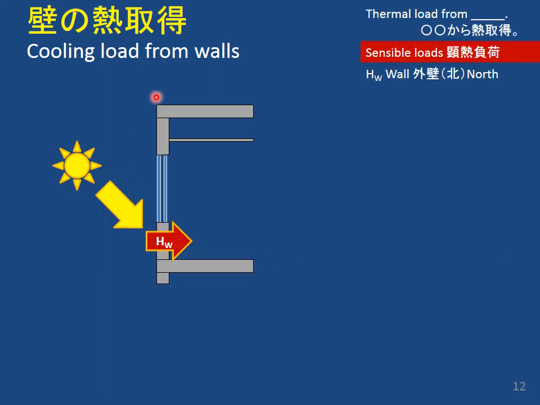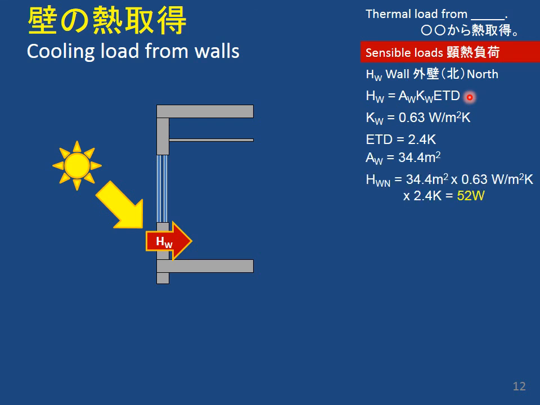So, for this wall, the north wall, there's a window, but the walls, with the sun hitting the walls, this is the equation. The heat transfer is the area times the heat transfer coefficient times the equivalent temperature difference. And we'll go through. We know this. We found this on the chart.